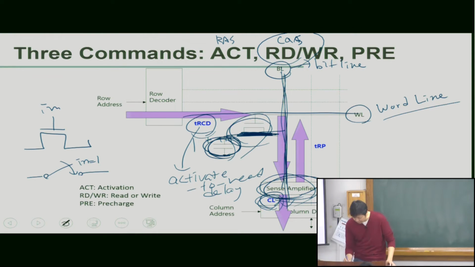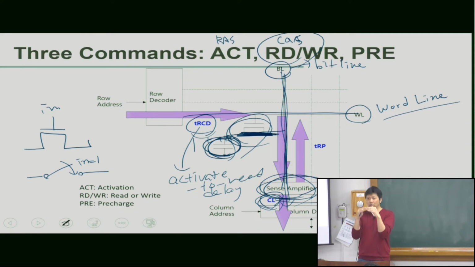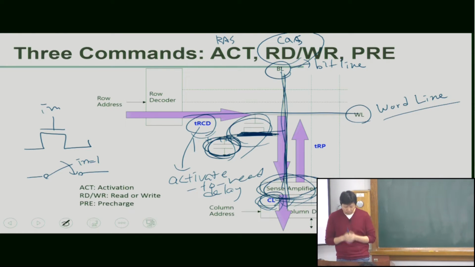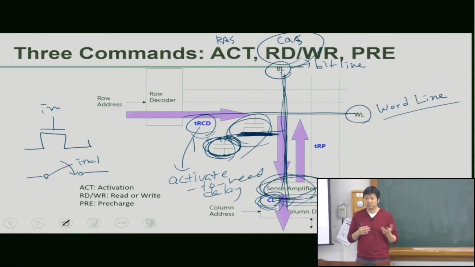So this one is called pre-charge. After you are done with this row, you need to close it. What I mean by closing is pre-charging the bit line. Once you're done with the pre-charging, this array is ready to take another request, an activation request for a different row, right? So that's what I mean by pre-charge.